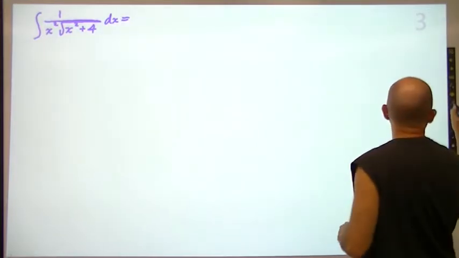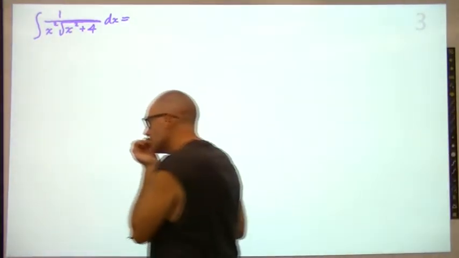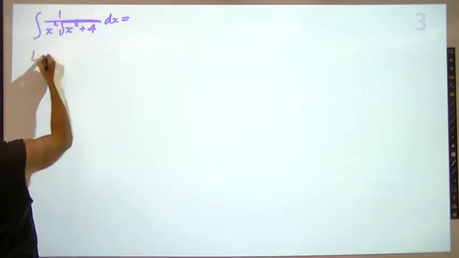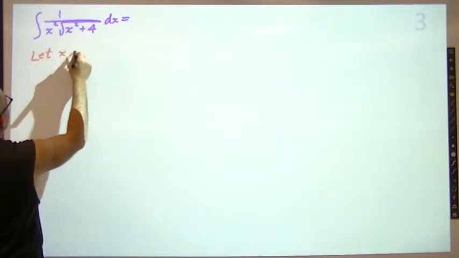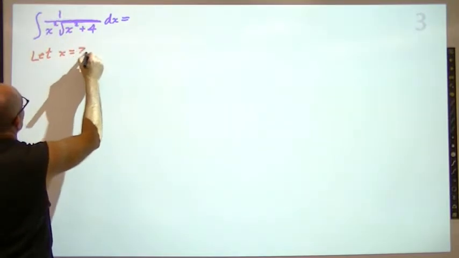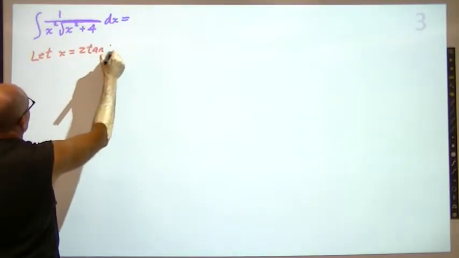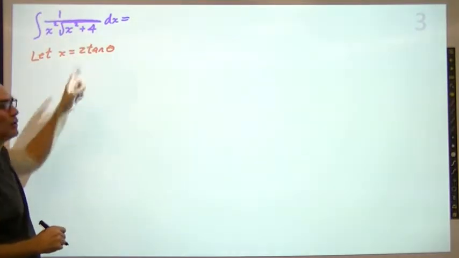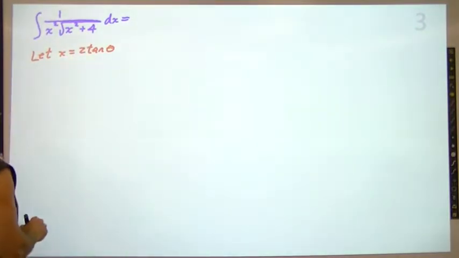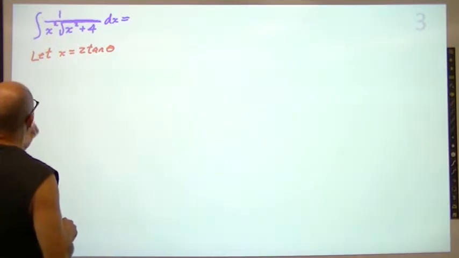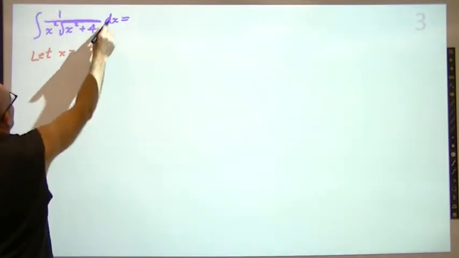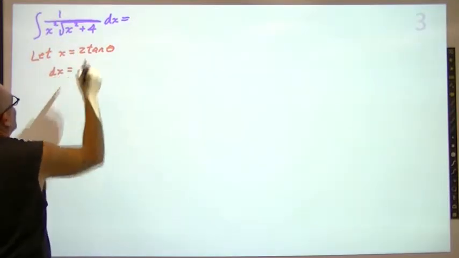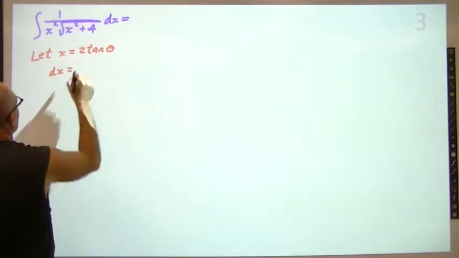So what we say is, let x equal 2 tangent theta, because notice, a squared is 4, so a is 2. Okay, so now, if x is 2 tangent theta, we need a dx. So dx, derivative of tangent, secant squared.